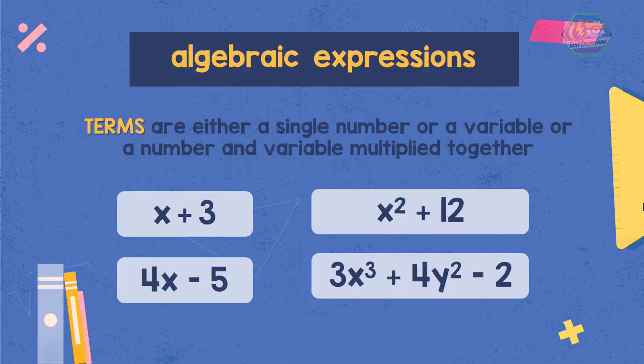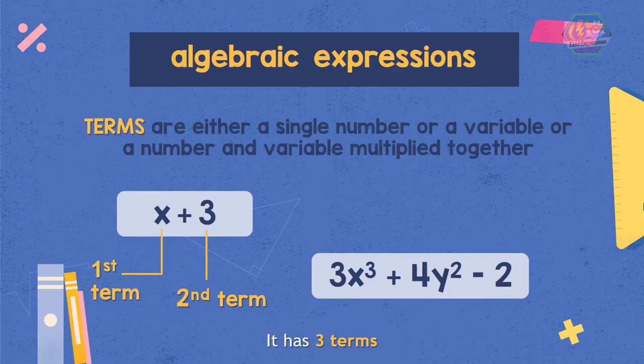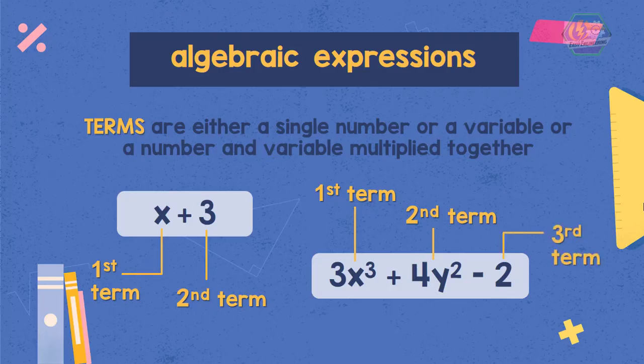So in the algebraic expression x plus 3, x is a term and 3 also is a term. Therefore, we have two terms. While in the algebraic expression 3x cubed plus 4y squared minus 2, it has three terms: the 3x cubed, 4y squared, and 2.